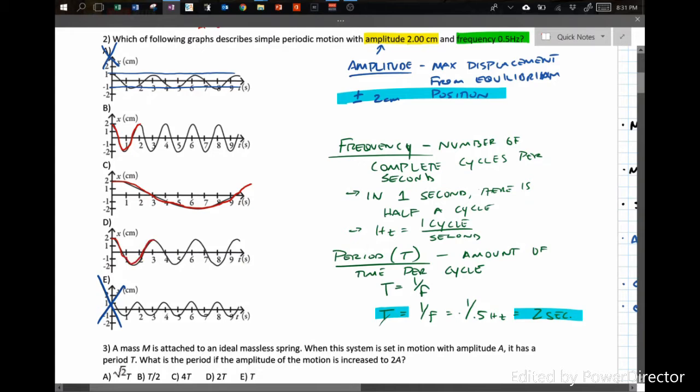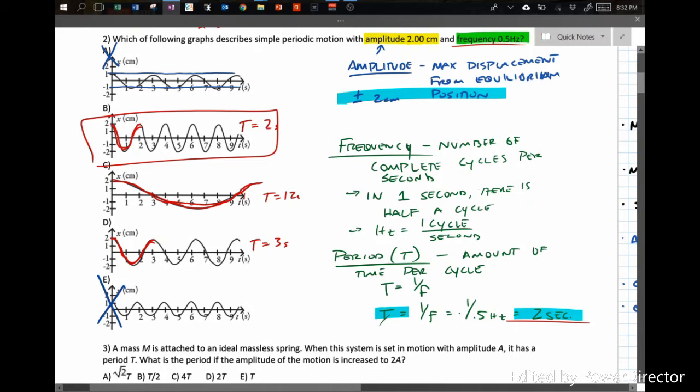So looking at this graph, in order to complete 1 full cycle, period is 2 seconds. Looking at this graph, period is a little bit off of my graph, but if I had to imagine, I'd say that the period here is about 12 seconds. And then looking at D, the period is 3 seconds. So if I want the one that has a frequency of half a hertz or a period of 2 seconds, it's going to be B.